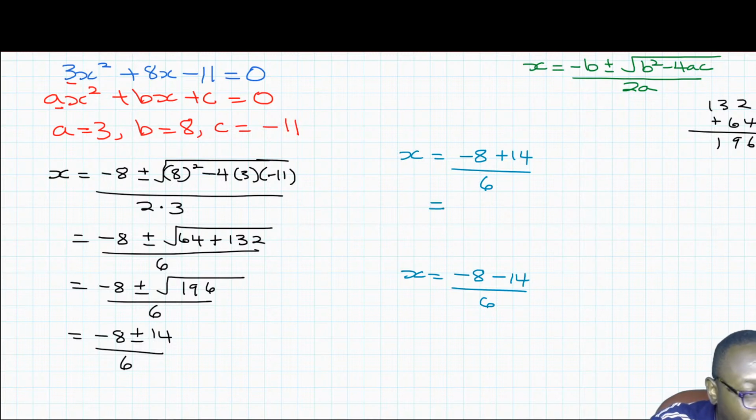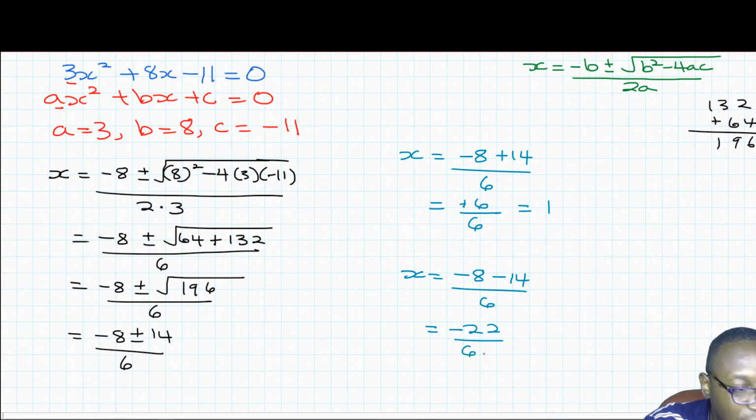So now let's go ahead and find all our values of x. Negative 8 plus 14, the signs are different, so subtract the numbers. 14 minus 8 is 6. The sign on the larger number is positive, so we keep that, divided by 6, which is going to give us 1. And here the signs are the same, so we just add the numbers and keep the sign. 8 plus 14 is 22. We keep the negative sign, divided by 6.